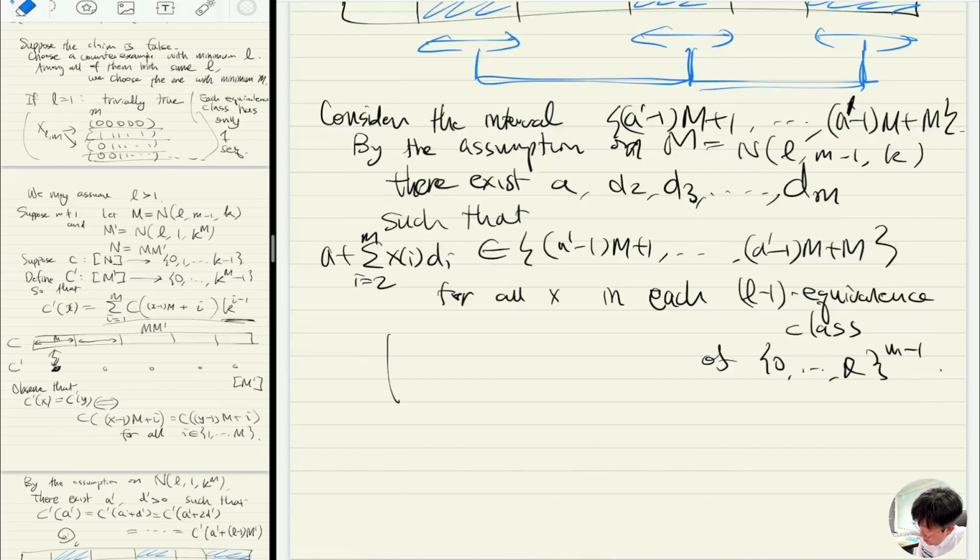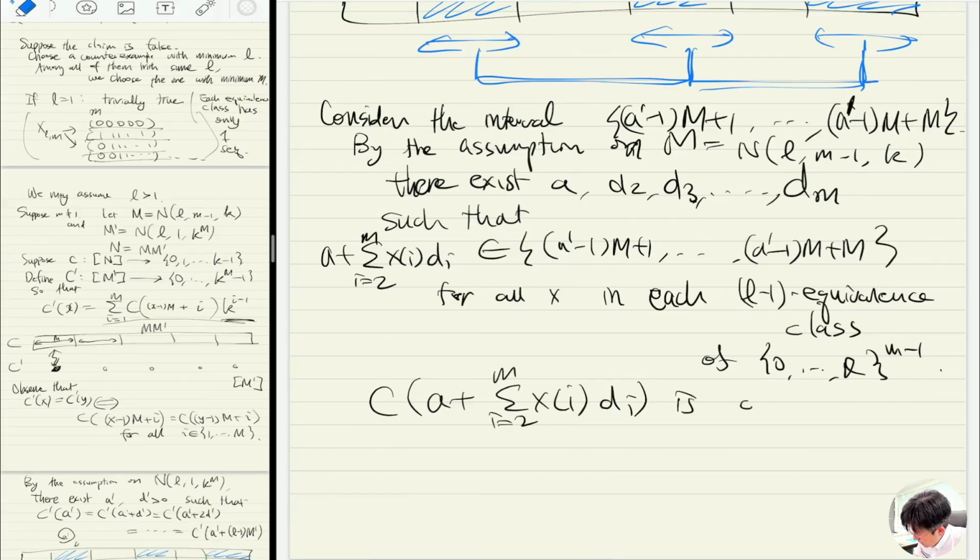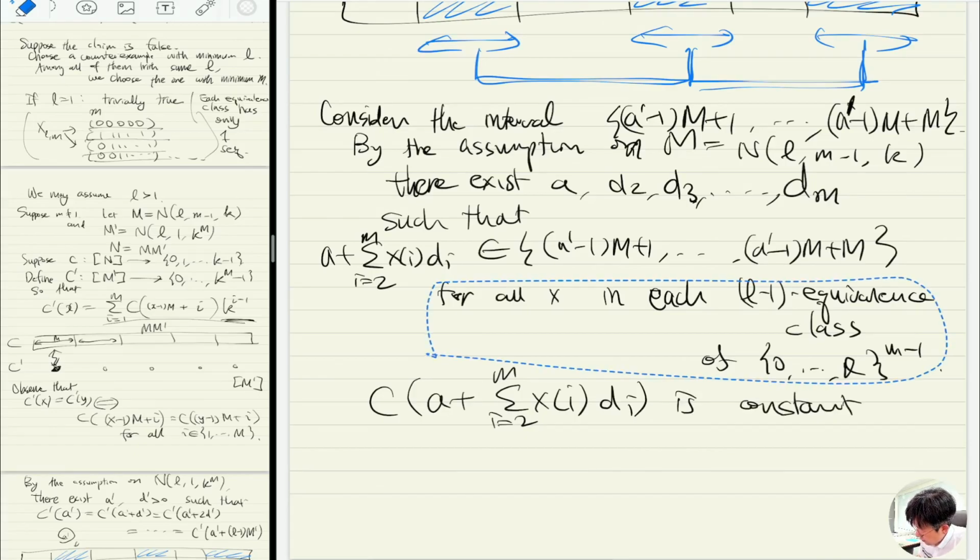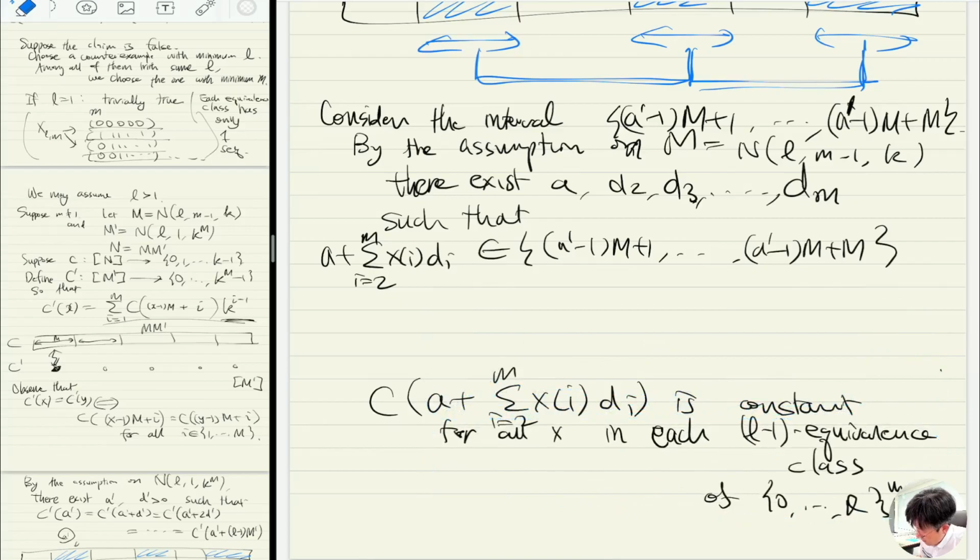Now from here we deduce that, and also we know that C of a plus the sum of xi di is constant.